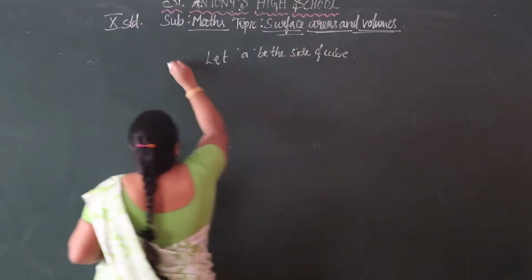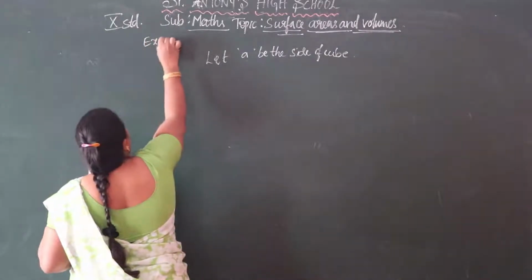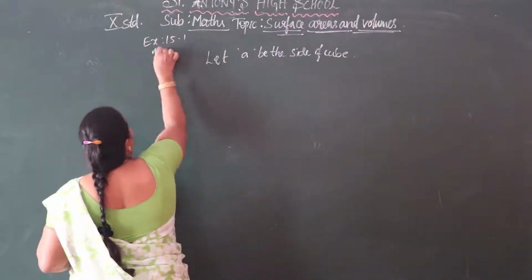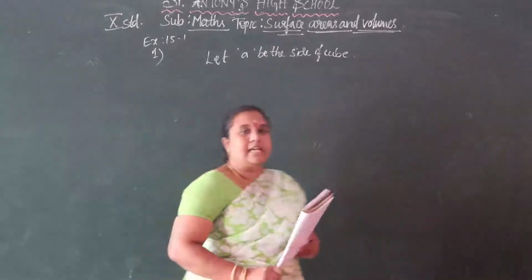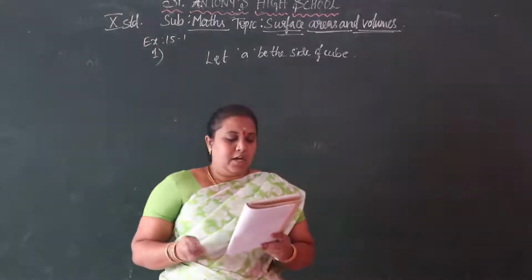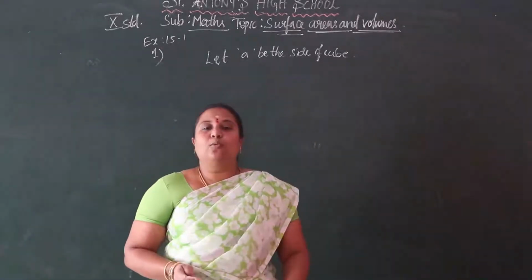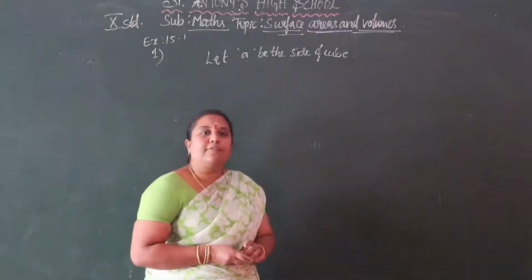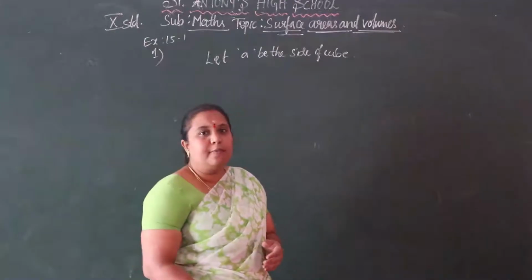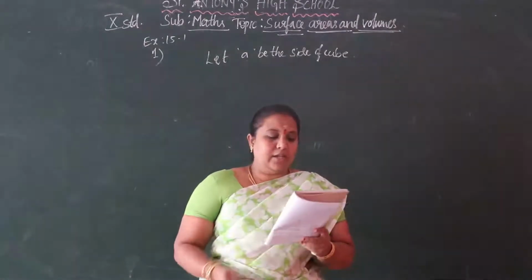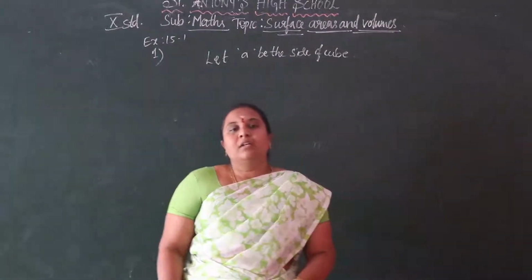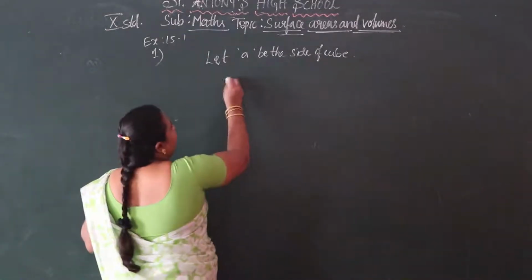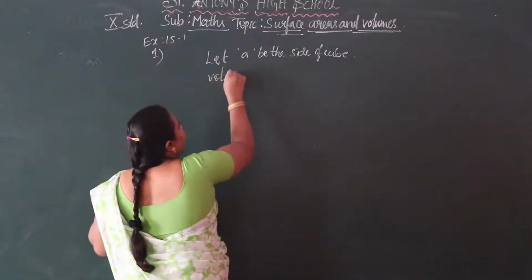Exercise 15.1, first sum. Okay, so let A be the side of a cube. Is it right? Okay, so then the volume of cube. If A is the side of a cube, the volume of cube is A cube. So A cube centimeter cube. Okay, so here see, volume of cube.